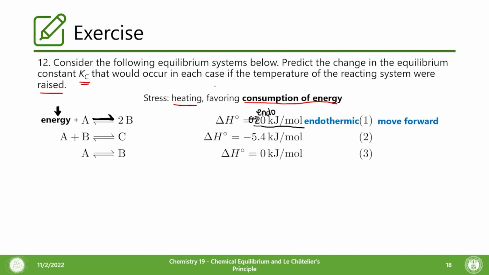Okay, how about this one? We have delta H is a negative number, negative 5.4. This is an exothermic reaction, so energy will be located in our product side. If we heat it up, then the response of our system is for energy to be consumed by moving backward.